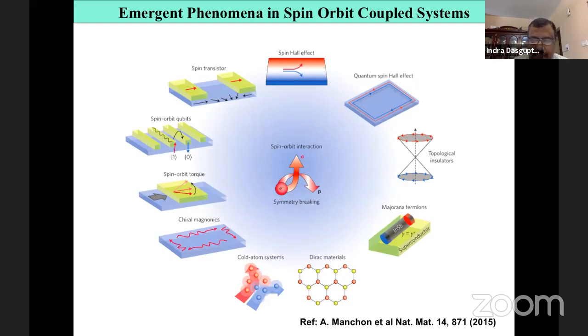This tells us that indeed spin orbit coupling brings in functionality, brings in new physics, which remains to be explored. And this talk will possibly address only some of these issues.